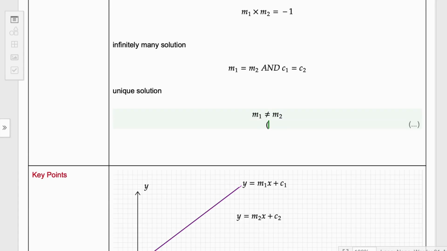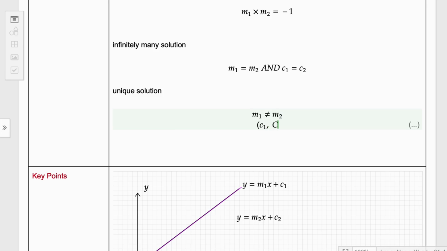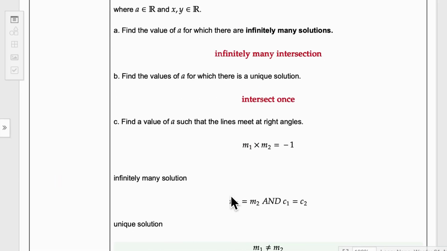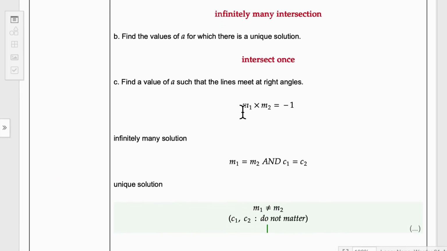In this case, the c values, the y-intercepts of them, actually do not matter. And lastly, when they intersect at right angle, then the product of the two gradients will be -1.